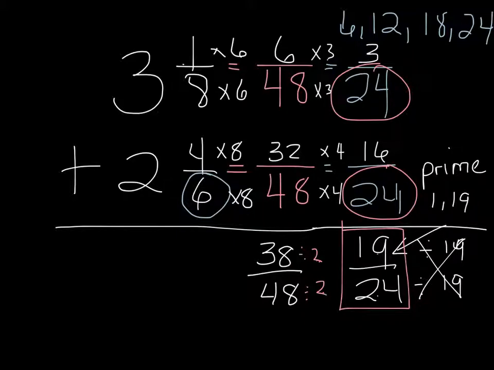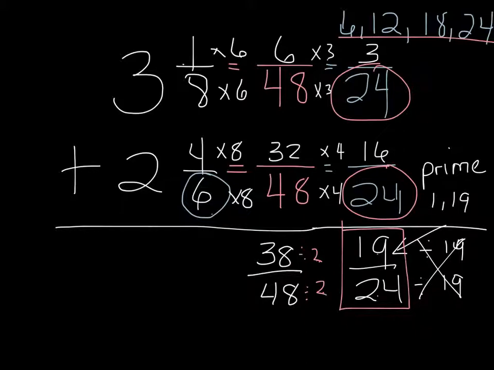Whereas if you've taken a moment and used the trick that I just showed you, writing the multiples up here of your smallest denominator, and found 24 to be common as well, you could have made your job a lot easier. Your multiplication would have been easier in the fractions. Your lack of having to simplify would have made it easier. It just makes everything easier.